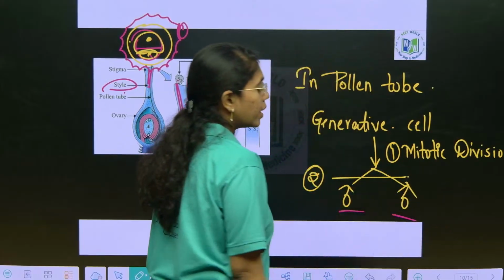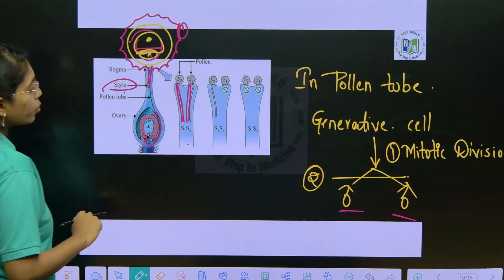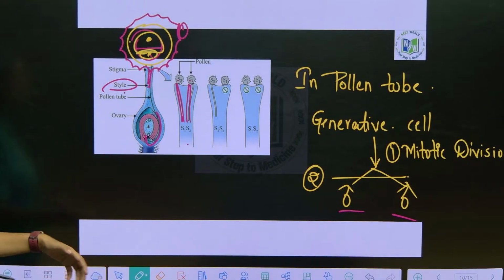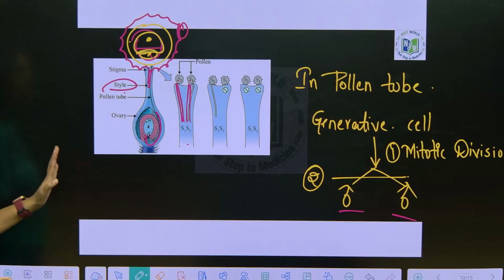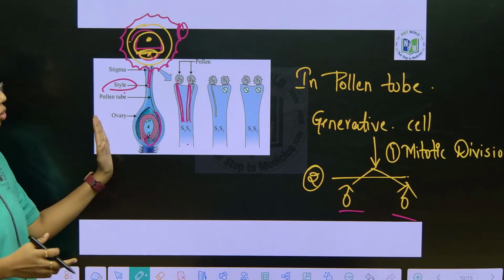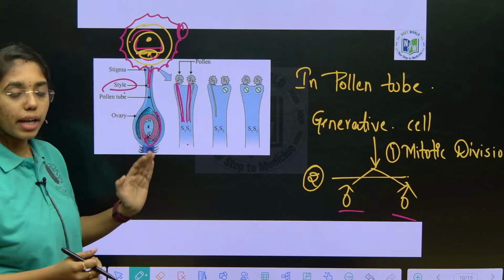Okay, it will give out two male gametes. These two male gametes will enter into the ovary, either through porogamy, mesogamy or chalazogamy. We have discussed how the pollen tube will enter into the ovary, we will learn. Till here it is clear, right? How pollen pistil interaction will happen?